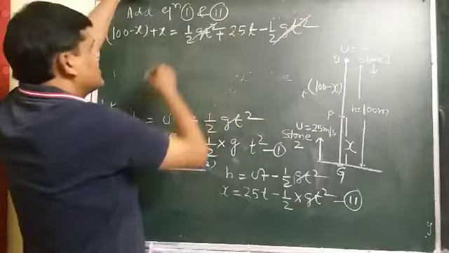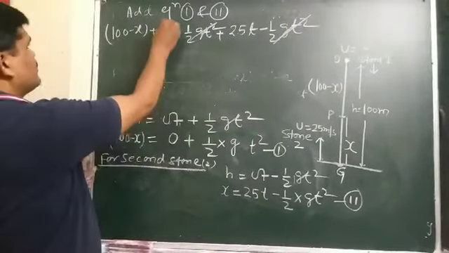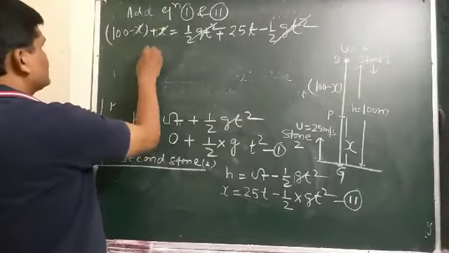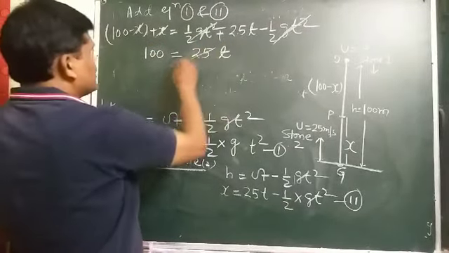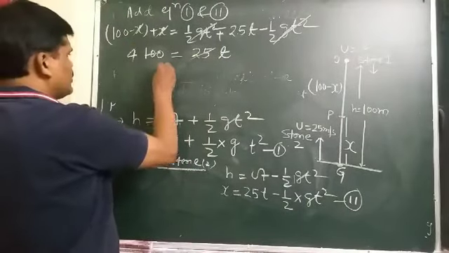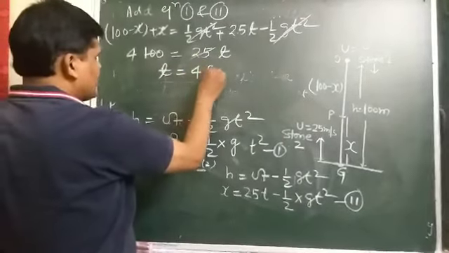The half gt square terms cancel out, and x minus x cancels out. So 100 equals 25t, so t equals 4 seconds.